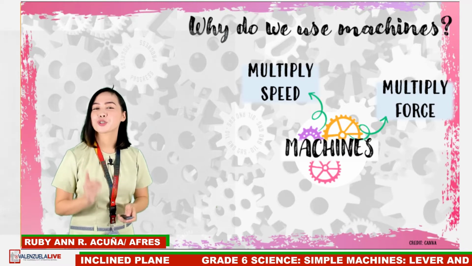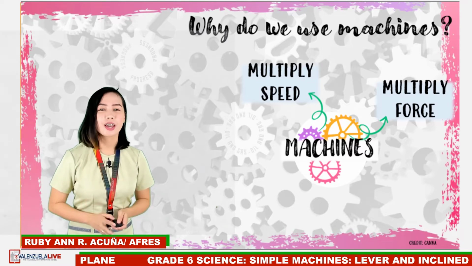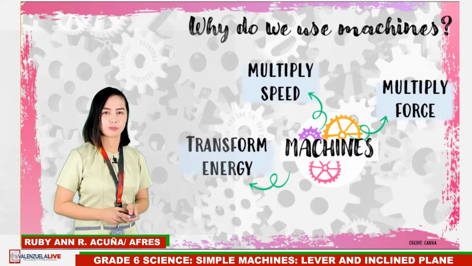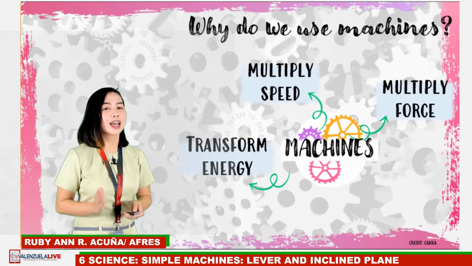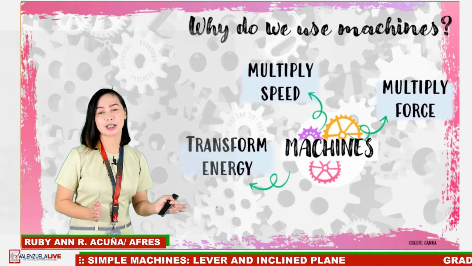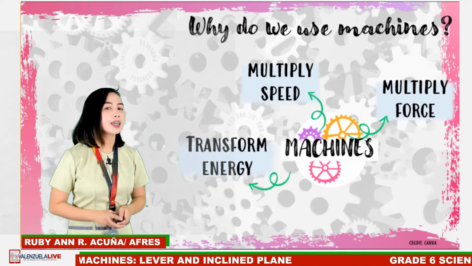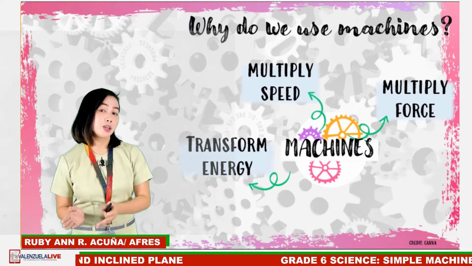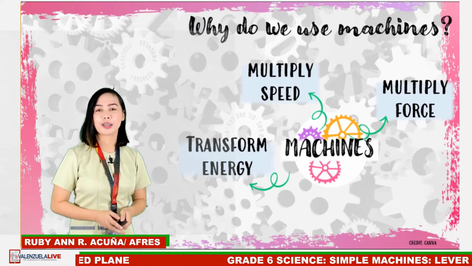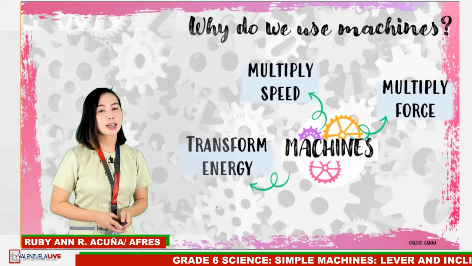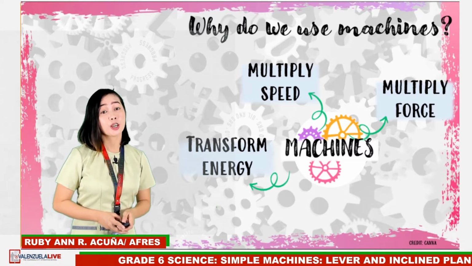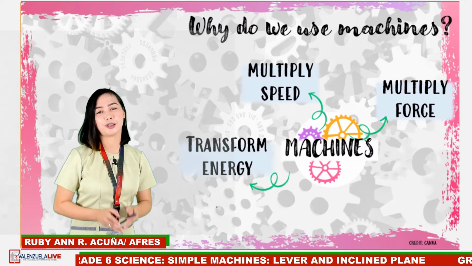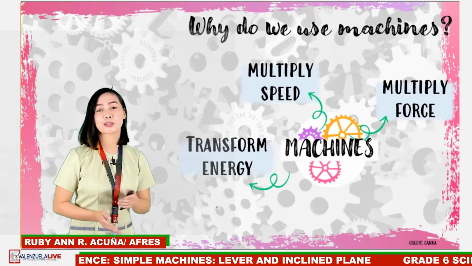And machines transform energy. A motor transforms electrical energy to mechanical energy. Heat energy is transformed to mechanical energy in a steam or gas turbine. Electrical energy is transformed into sound energy by the radio or loudspeakers.